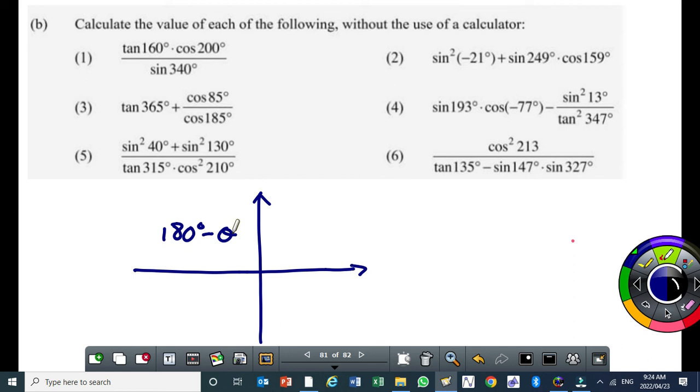For example, if I give you tan 140, if you want to reduce this angle from being obtuse to acute, you must ask yourself, what acute angle am I supposed to subtract from 180 to get this 140? So 180 minus 140 gives you what? 40 degrees. But now, you need to ask yourself again, is tan positive or negative in the second quadrant? Negative. So your answer will be minus tan 40.